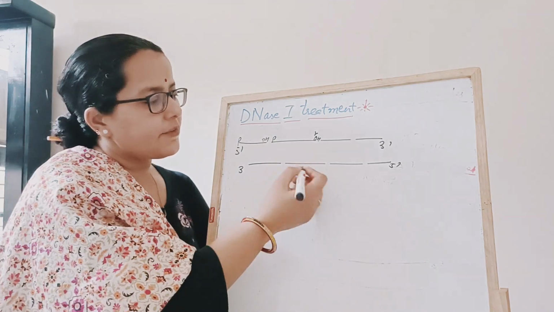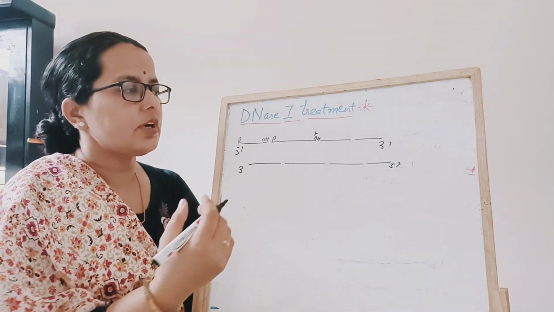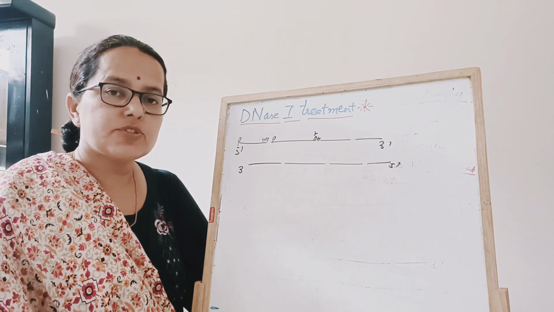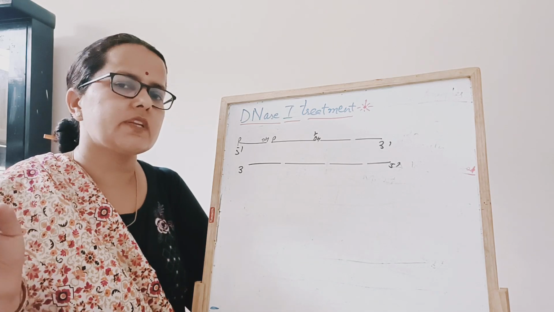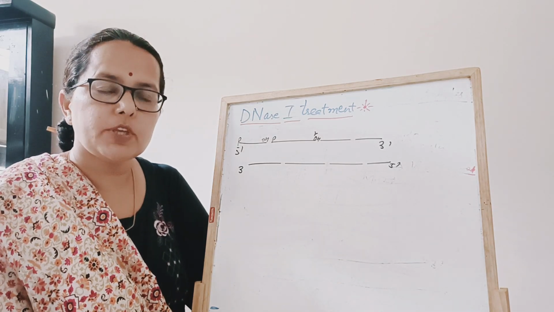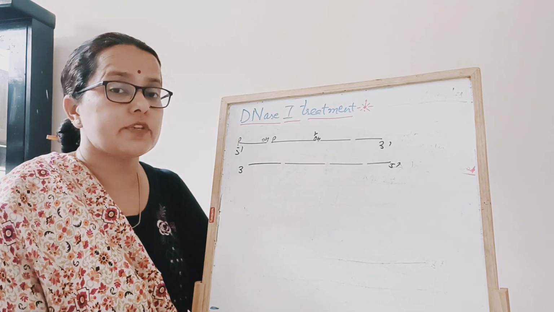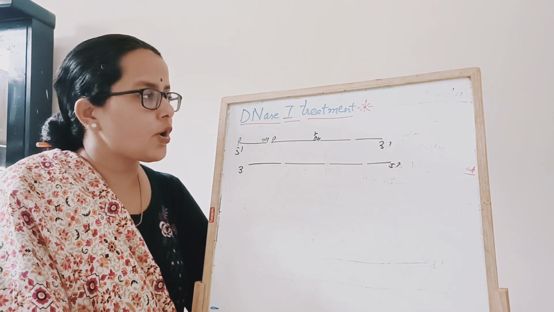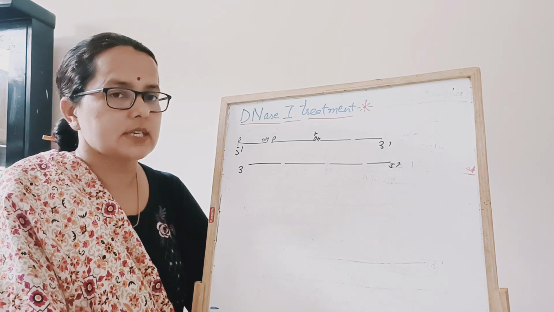So random fragments are generated, or your DNA is chopped into very small fragments which cannot be utilized as a template for PCR, and it will not interfere with your gene expression studies.